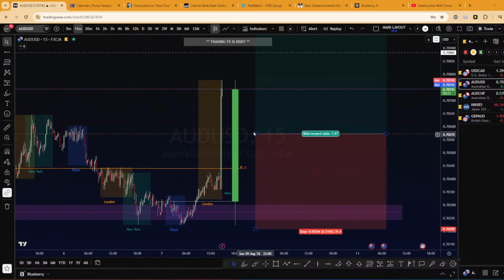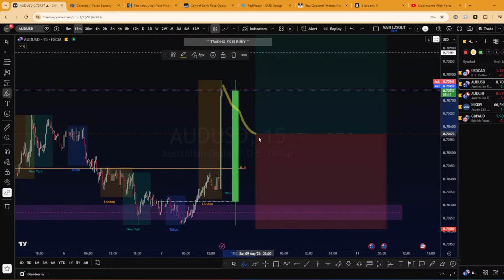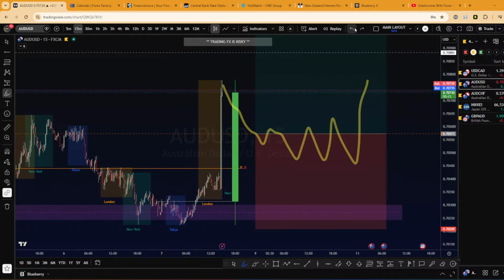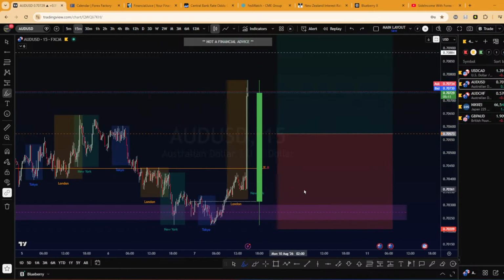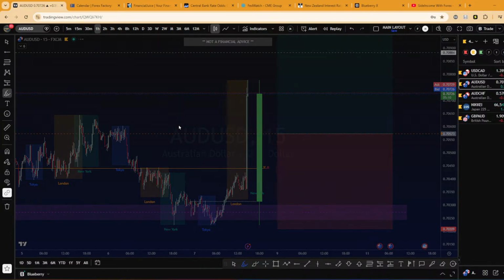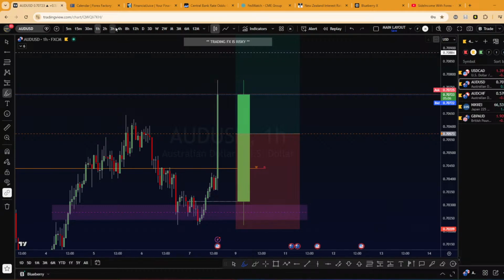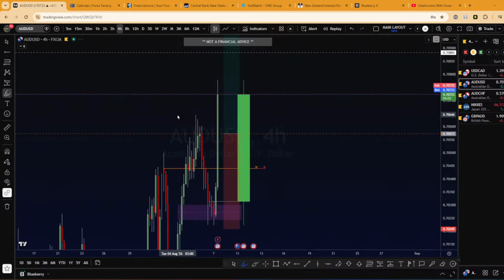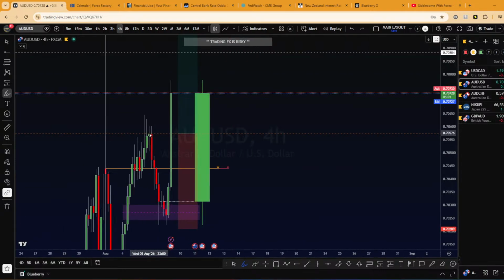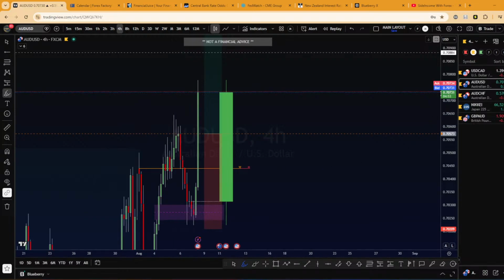I want to see some retracement, something like that, first before entering. Let's see at least how we close here. We have 5 minutes left in this 4 hour candle, so I think we will close above here.